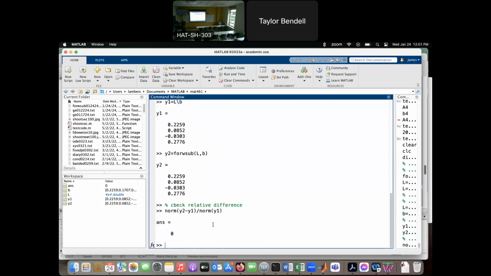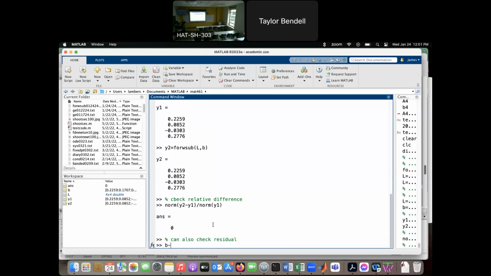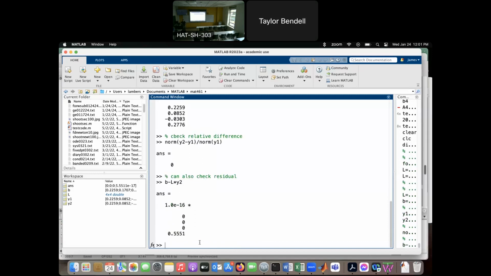Yeah, it's small. Now that doesn't normally happen. But I could also compute what was called the residual, b minus L times y2, because L times y2 should be equal to b. So this also could be small. And yeah, it is. It's on the order of 10 to the minus 16.